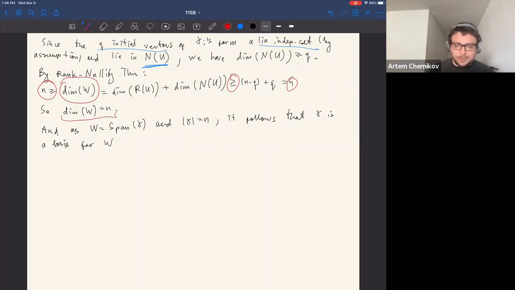Because the dimension of W is n, and we have found a subset gamma which generates W and has the same cardinality. So then it automatically must be linearly independent. So it is a basis for W. Okay, so in particular, linearly independent. And this is what we wanted to show. We wanted to show that gamma is linearly independent.